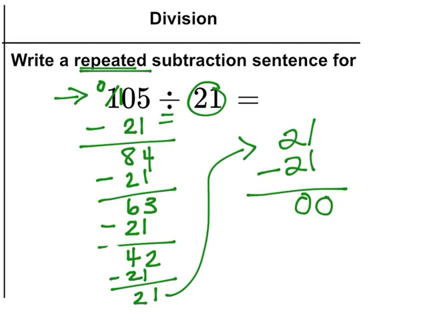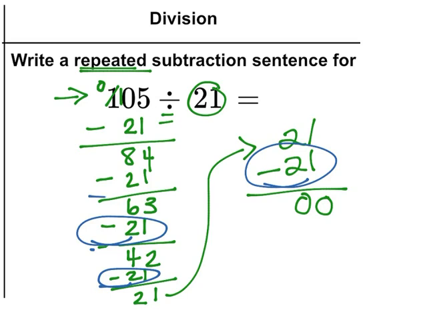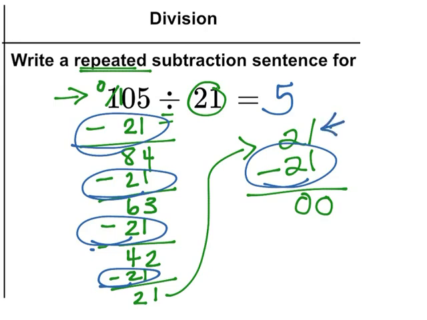This would be how many groups have 21 in it. So there's 1, 2, 3, 4, and 5. There's 5 groups. So it's 105 divided by 21 equals 5. Now, why would I not count this one when I'm counting my minus 21s?